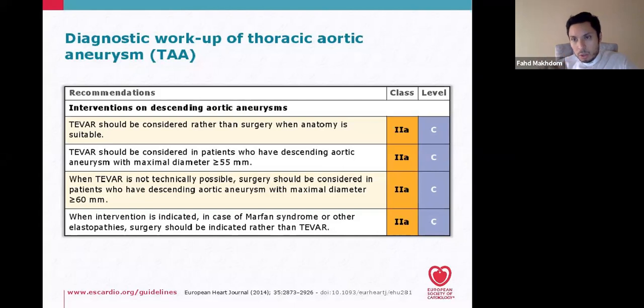I was talking about tortuosity, which is the angulation. Unfortunately, I don't have slides for this. But sometimes when you have an aneurysm, the aorta is pushed down and up and deformed, so the normal part of the aorta will come out at an acute angle or 90-degree angle. Sometimes technically it's not possible to land a covered graft in that area. So all of these you have to keep in mind.